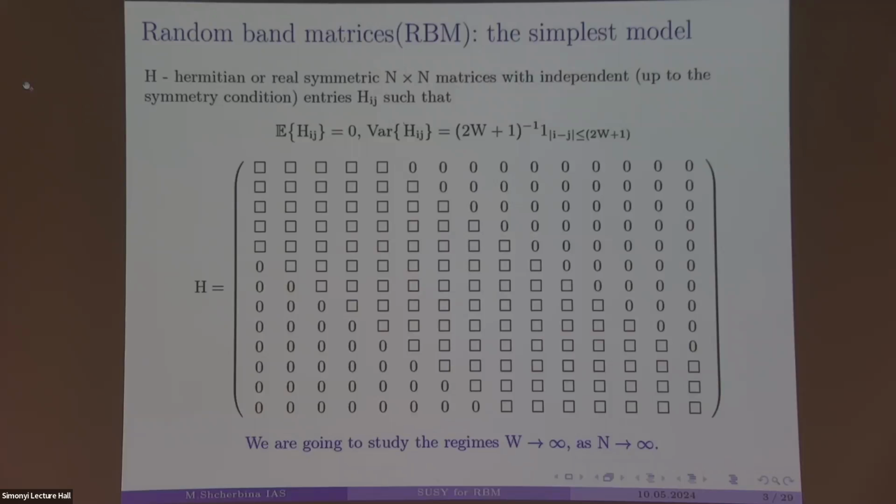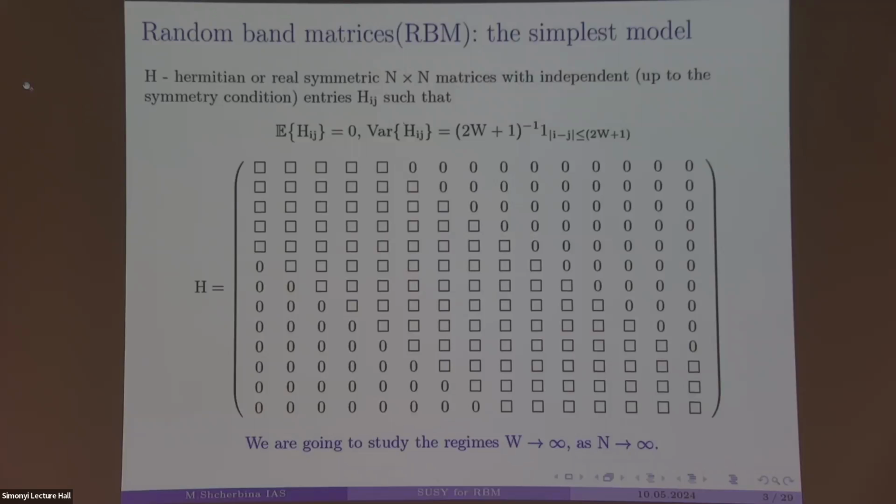Again we have 0 if the distance is bigger than, for example, 2w, and IID entries inside this so-called band again.